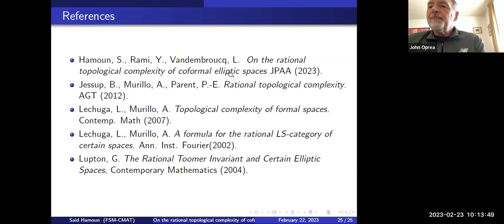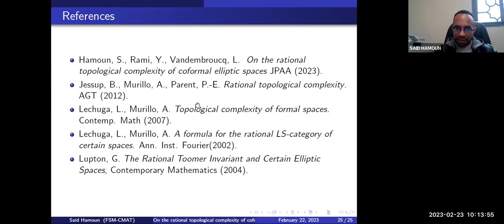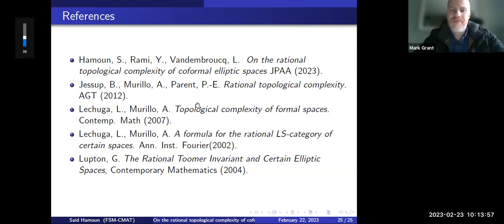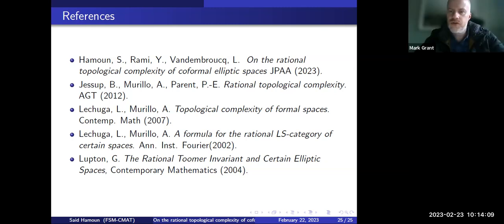Any other questions? Can I ask a question? Yes. Yeah, it's a very nice talk. Thank you. So the rational TC is a lower bound for the ordinary integral TC. Yes. And in your example with the special unitary groups, you found that the rational TC was 5.